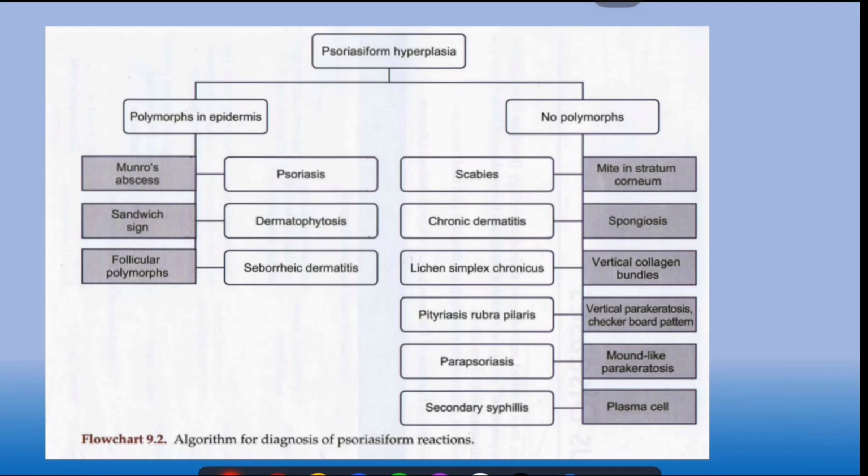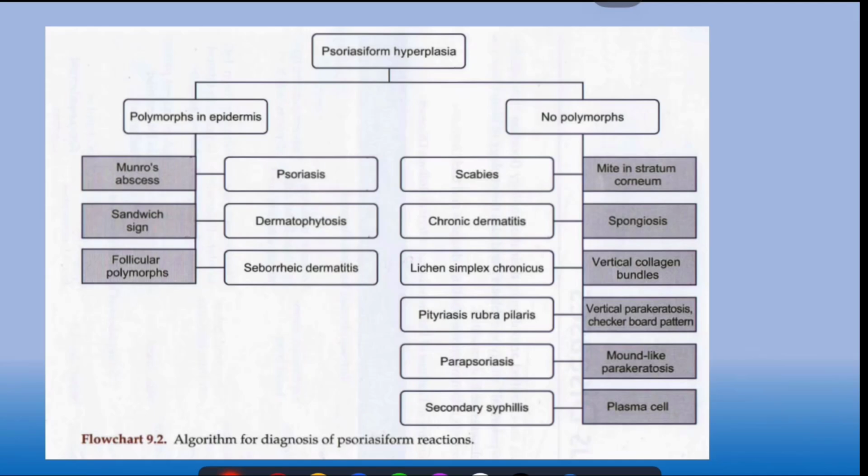Sandwich sign is dermatophytosis, in which you identify the corneal layer, and in between you can identify fungal hyphae. Follicular polymorphs in seborrheic dermatitis. No polymorphs, like mite in the stratum corneum, is scabies.